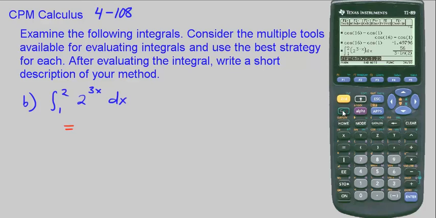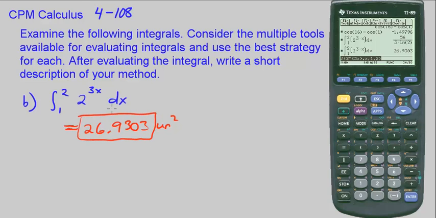I'm going to use the diamond key plus enter to get the approximate value. So it's approximately 26.9303. I'm going to include units squared. So 26.9303. And then again, the description of our method: we used a calculator.